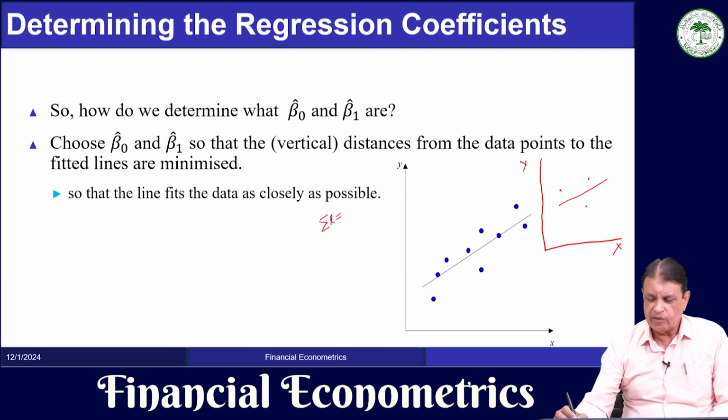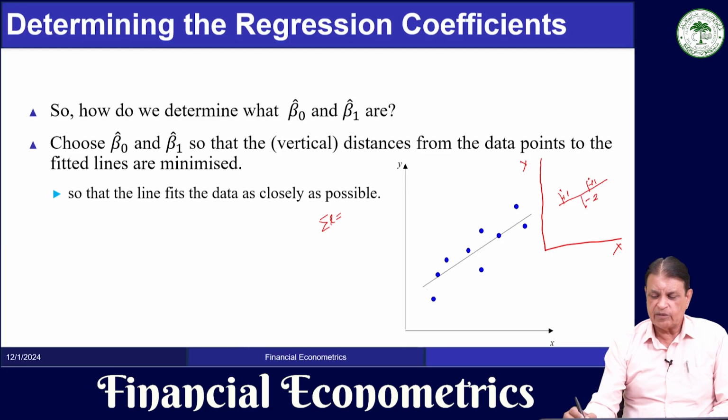The distance from here to here is, suppose, plus 1. This one is also plus 1. And the distance from here to here is minus 2.